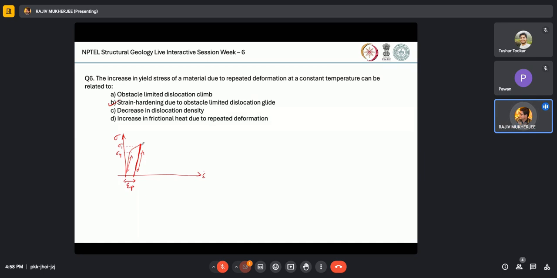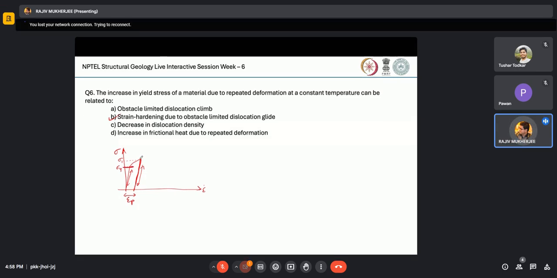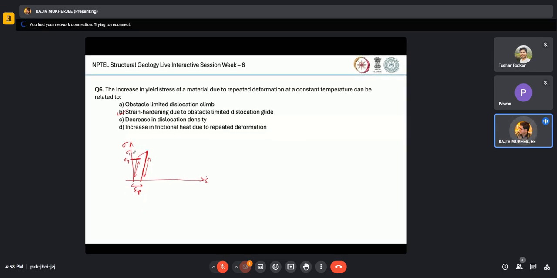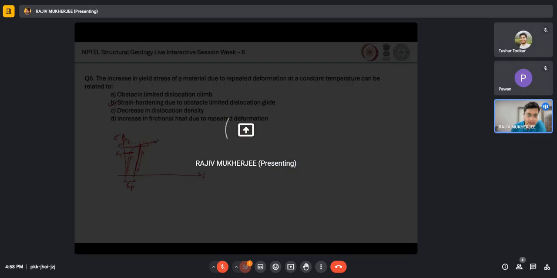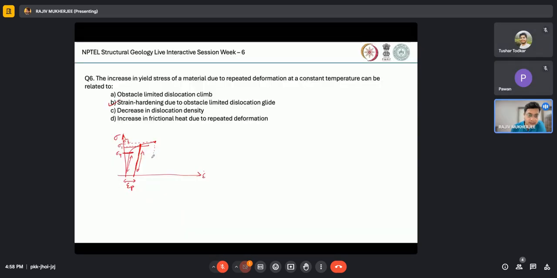Previously, the elastic limit was up to this, but now the elastic limit has been extended up to this, and then this is sigma 2, and then you again unload the material. It will again follow the same elastic path.